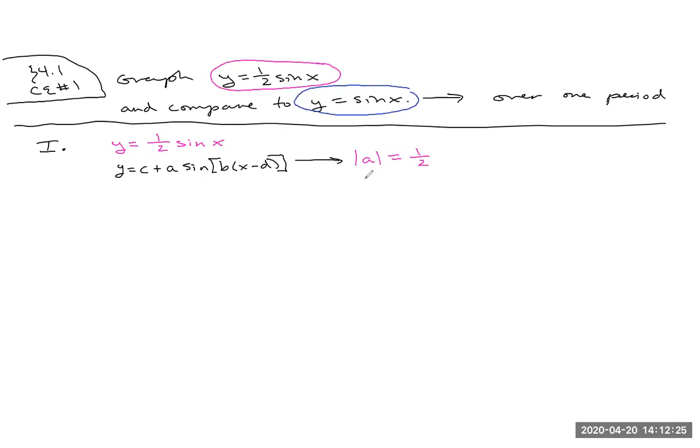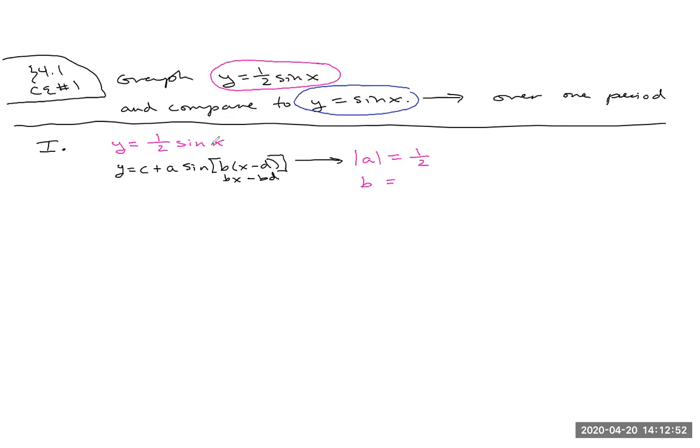Now your b value, notice that in this particular format, if we were to expand this, it would be b times x minus b times d, right? Essentially, there has to be something there. It can't just be 0 in order for you to see this part here.